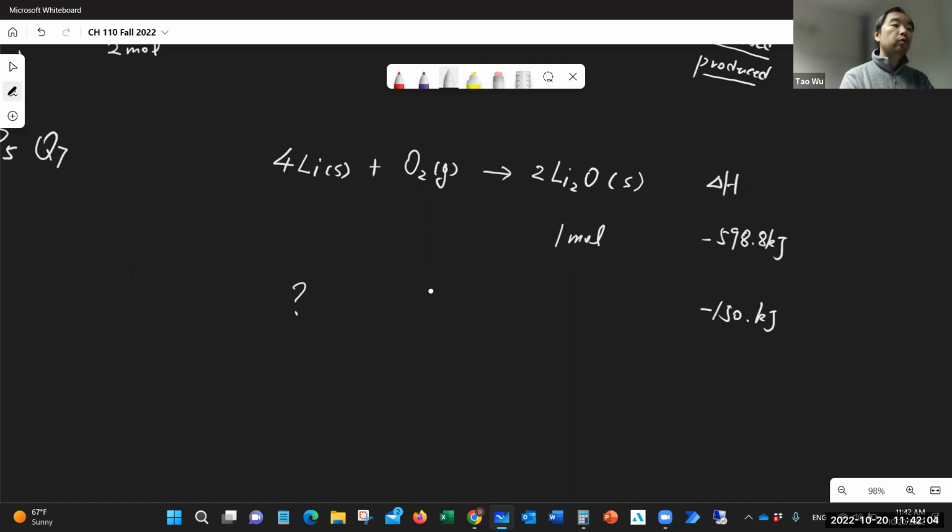So if we have 2 moles of lithium oxide, how much heat do we need? Just 2 times this, right?